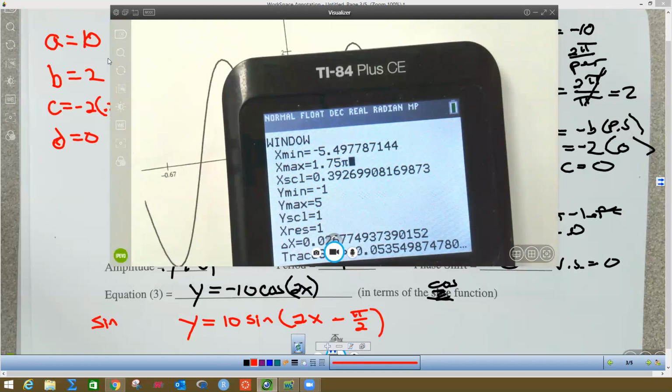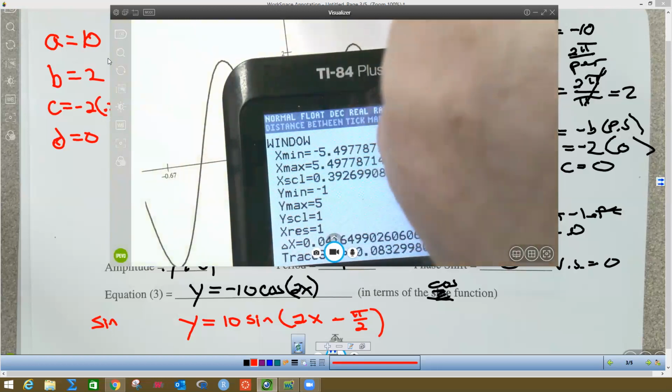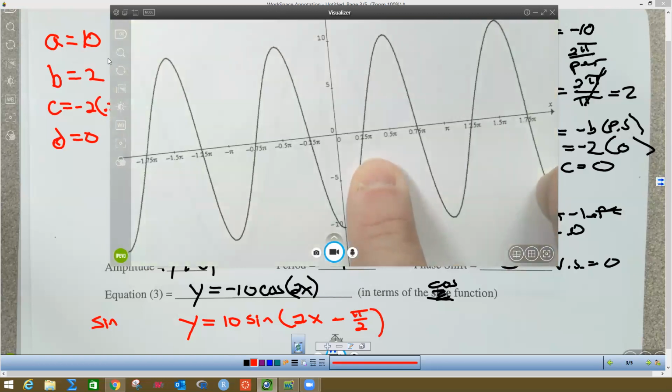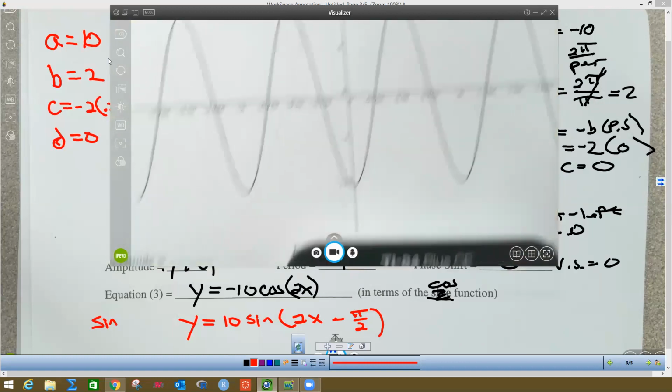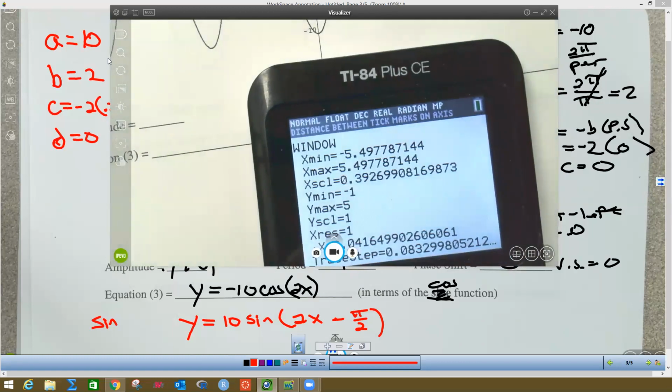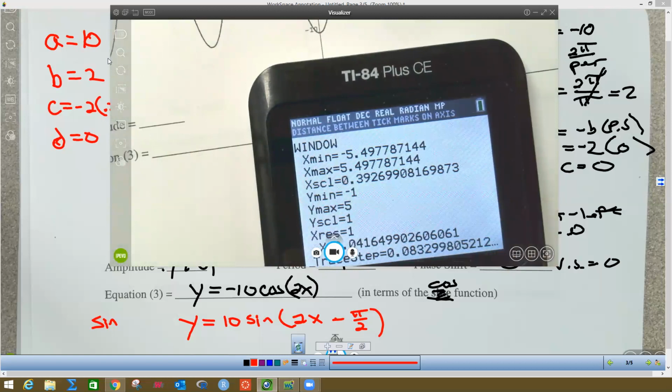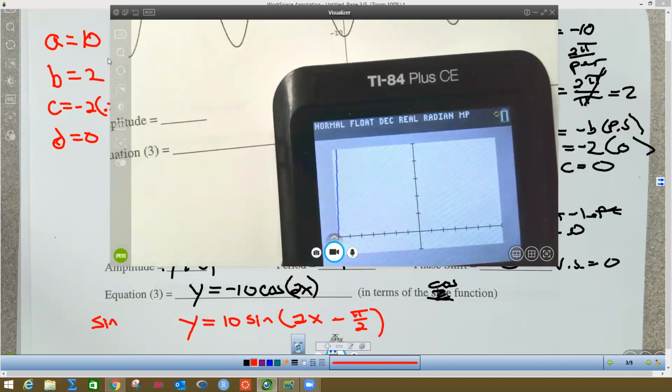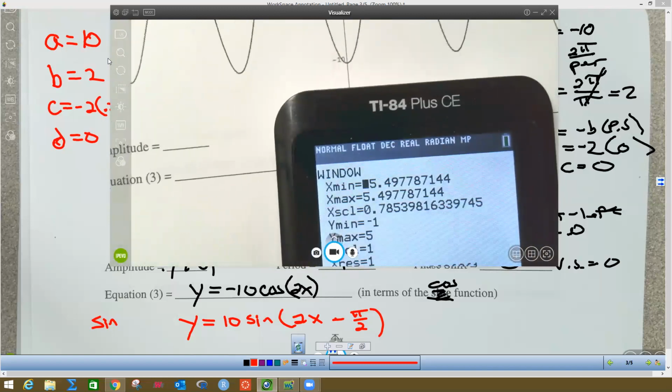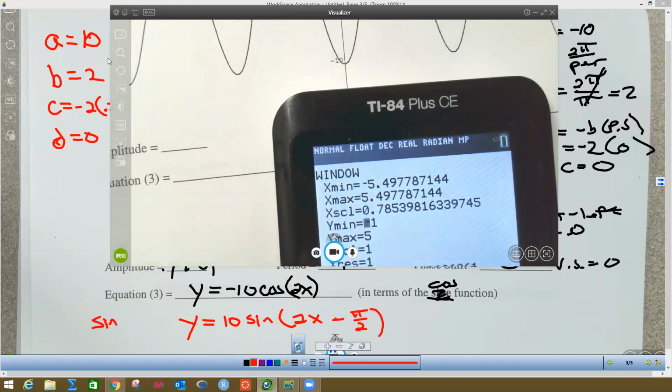The first tick mark, I'm going to show you here on the graph, is 0.25 pi, so that's my tick mark. So I'm going to go to my X scale, which is my tick marks, and put in 0.25 pi. And then I'm going to graph this. Oh, I didn't do my Y value, sorry. The Y values go from -10 to 10.